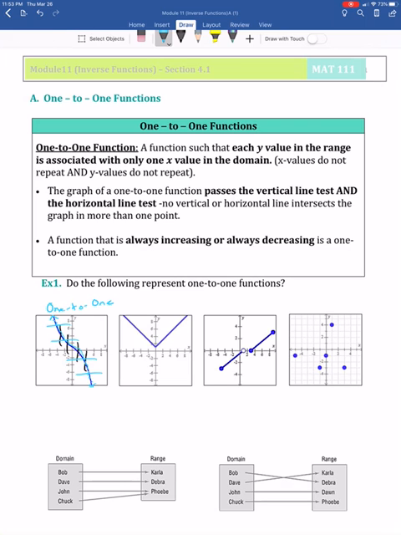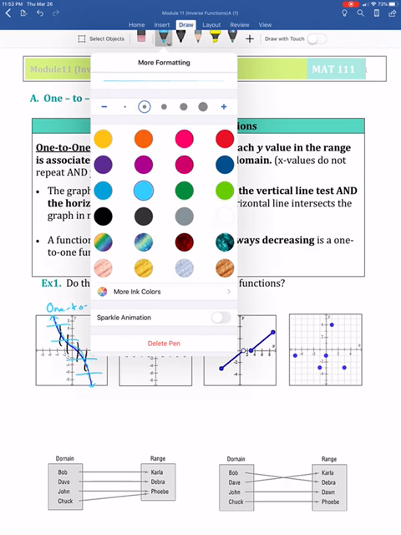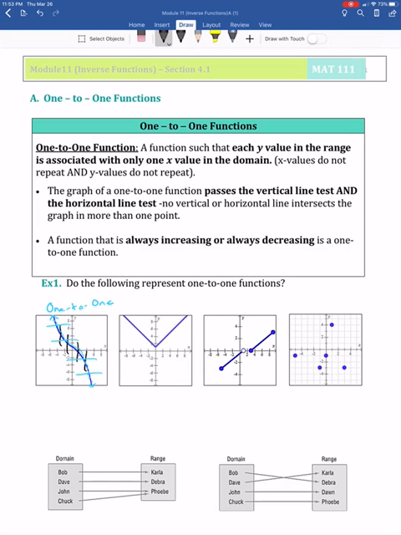Now, our next example is a graph of an absolute value function, the V-shaped graph. It passes the vertical line test, being a function, but it fails the horizontal line test. We can draw a horizontal line, for example at y equals 4, and it has two different x values for that y.